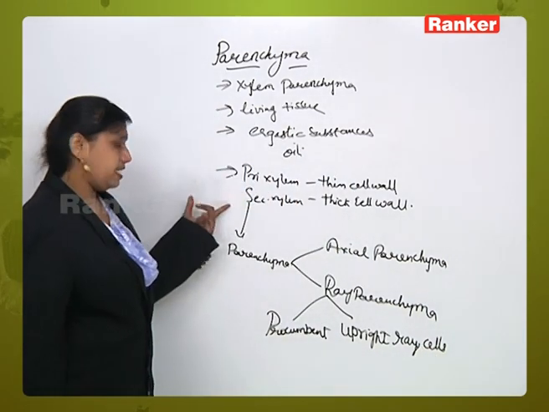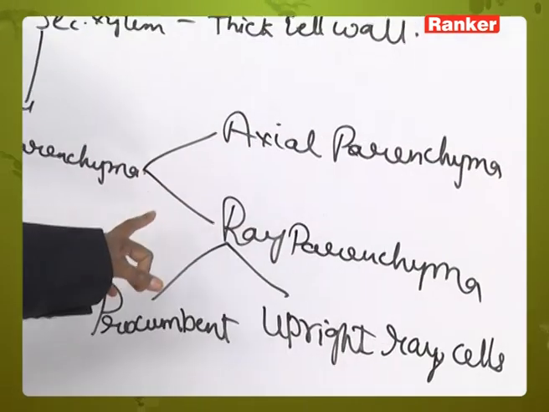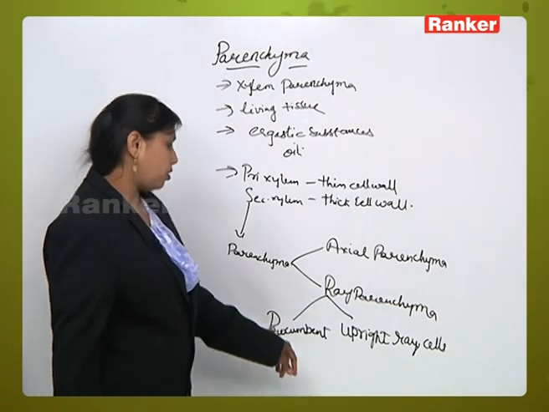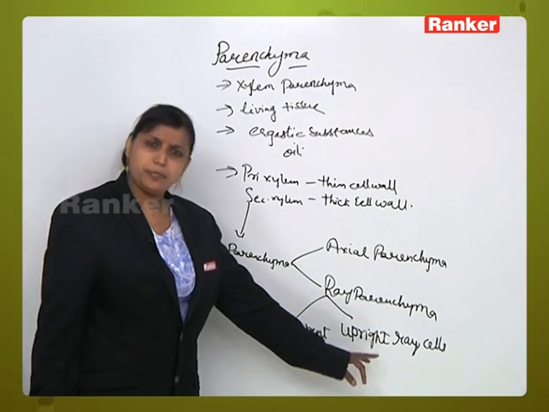In secondary xylem, the parenchyma is of two types, axial and ray. Ray parenchyma is further divided into procumbent ray parenchyma and upright ray parenchyma, or upright ray cells.